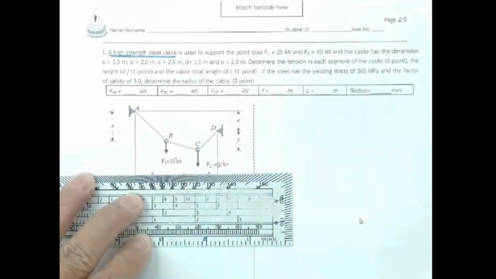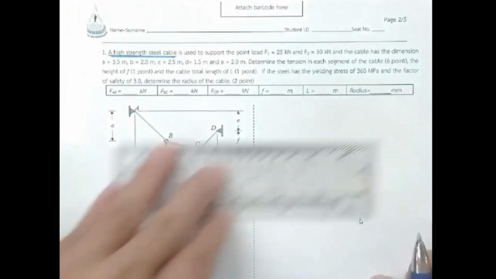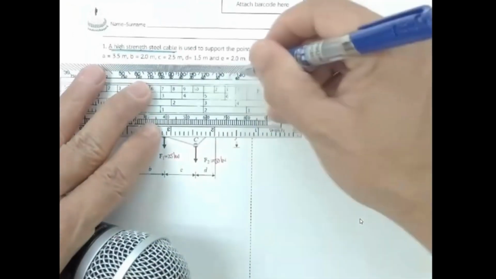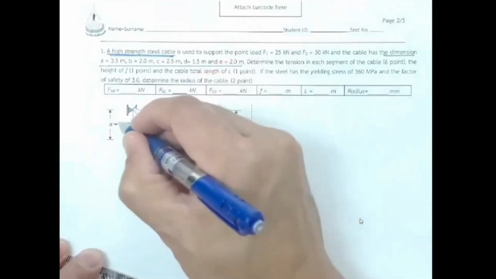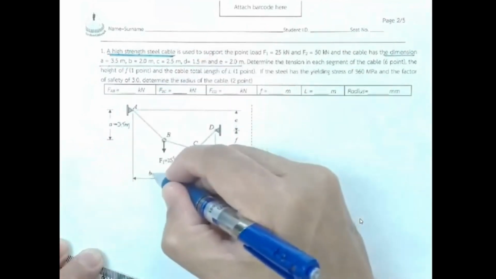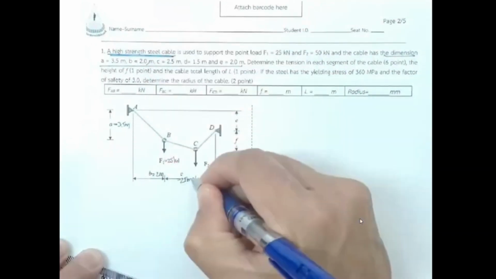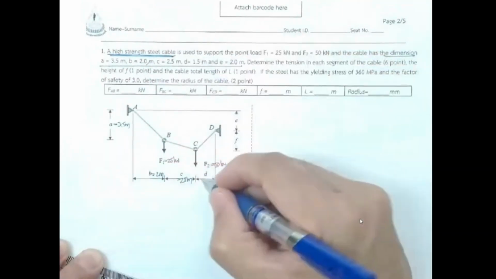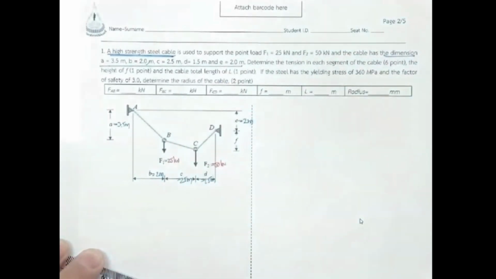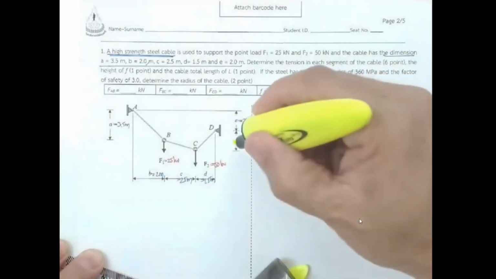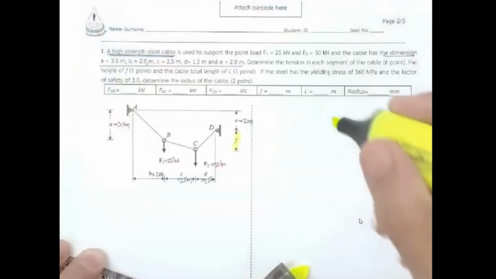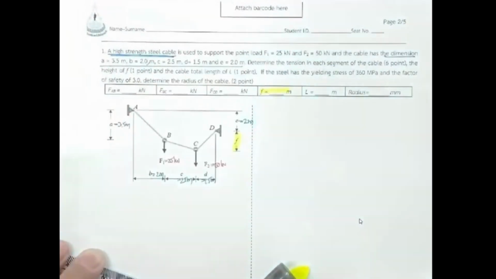The cable has various dimensions A, B, C, D, E. A is 3.5 meter, B is 2 meter, C is 2.5 meter, D is 1.5 meter, and E is 2 meter, and there is no F. We are going to determine the F, which is called the sag.